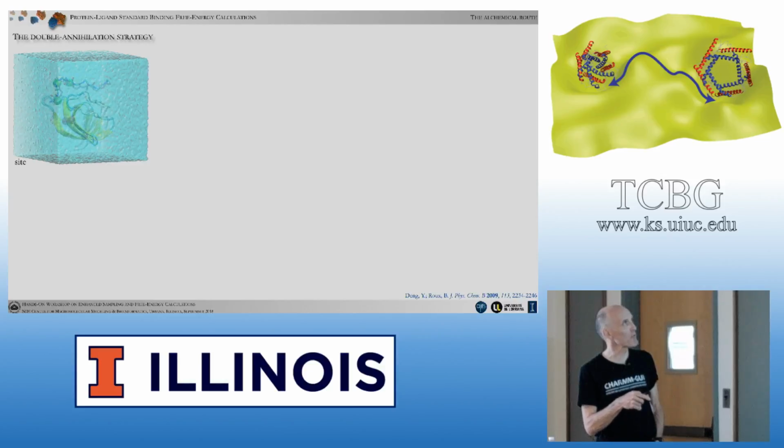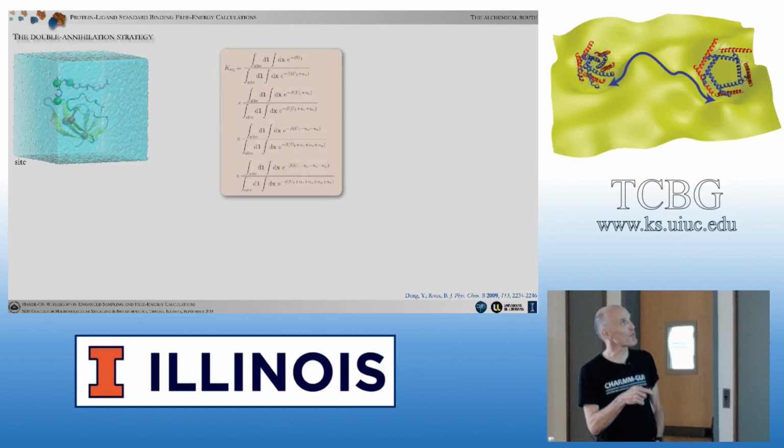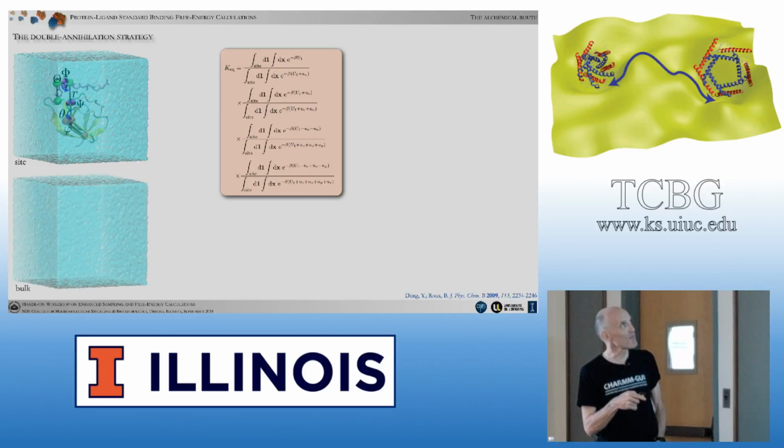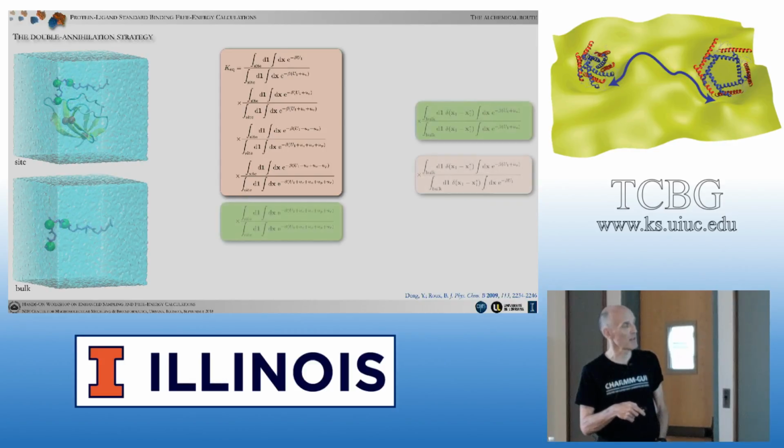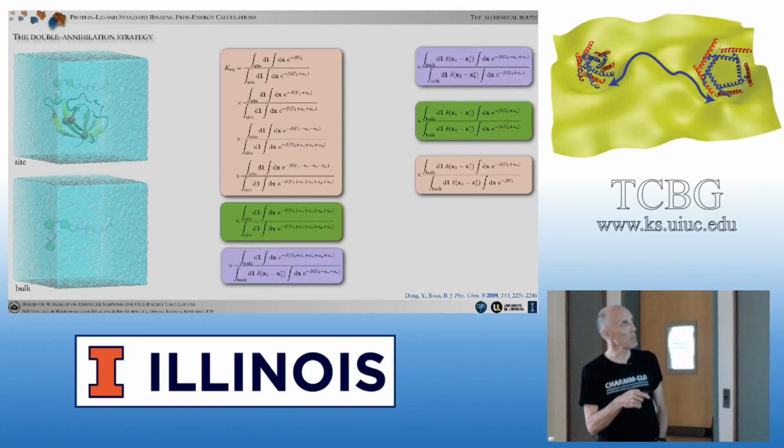So in the bound state, I have my protein, I have my ligand, and I'm going to freeze my ligand, and I'm going to introduce some groups of atoms to define a frame of reference so that I can actually define the relative position and orientation of the ligand with respect to the protein. I'm also freezing the conformation of the ligand in the bulk state. And only then I can make my ligand disappear or reappear reversibly.